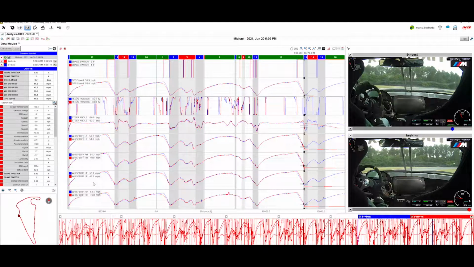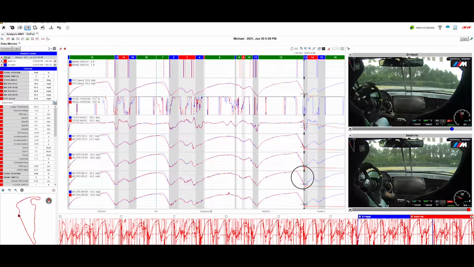As a matter of fact, on your good lap, the wheel speed everywhere as you're decelerating is 56 miles an hour in this area, as opposed to 51 on the bad one, 54 to 49, 55 to 48, 54 to 49. So you were actually slower.